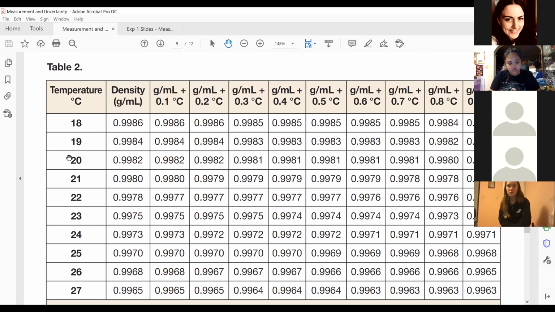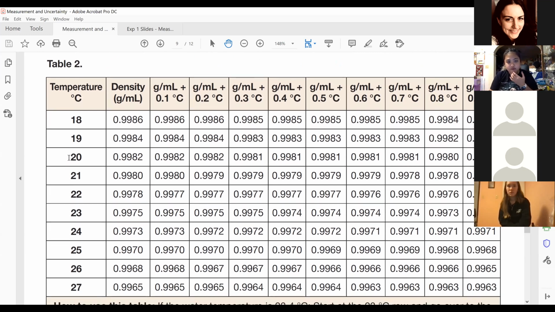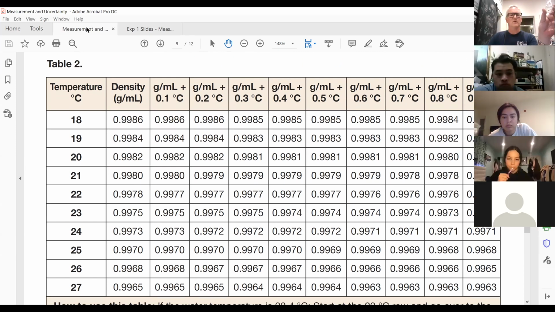Basically what we do with that is, let's just do a quick experiment right here. I've got my 25 mil flask here. And they're asking me to put 17 mils in it.